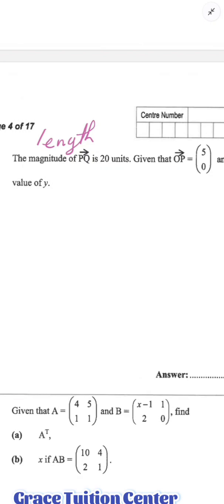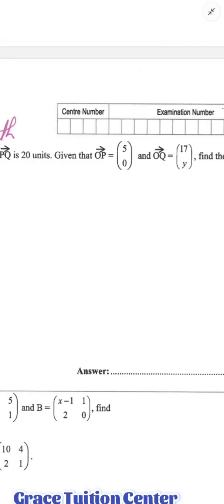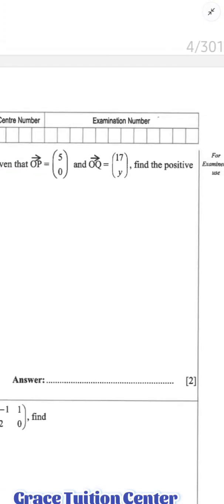So how do we find the positive value of y? First things first, we must find vector PQ, because we are not given vector PQ here. So in simple language, when they tell us that the vector OP is 5, 0 and vector OQ is 17y, what they're simply saying is that there is a point called the origin, and then there are these 2 points. There are lines here. These are vectors. Of course, they have a direction.